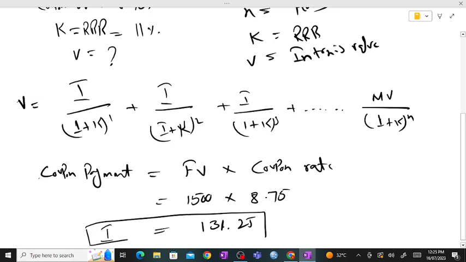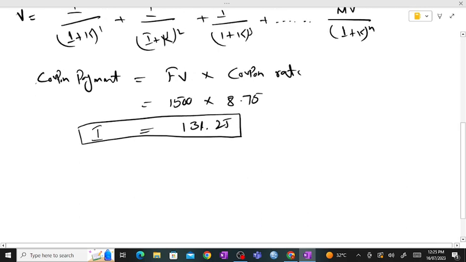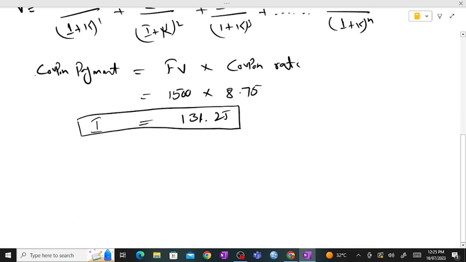Okay. Now, just put it into the formula to get a better understanding. V is equal to I, which is 131.25, and K we have is 11%, the required rate of return. So 131.25 over 1.11 power 1. Second, for how many years are you going to invest? For 6 years.